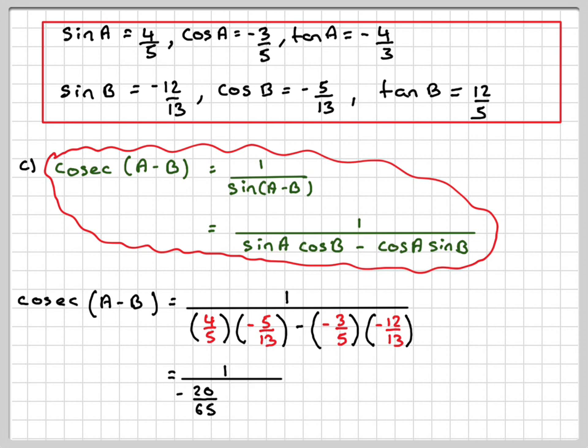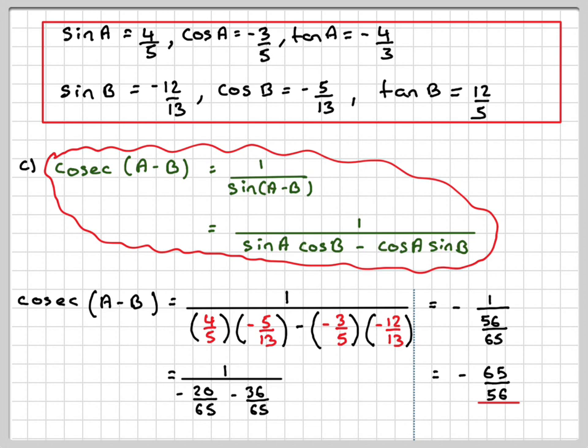And that will give me 1 over minus 20/65 minus 36/65, which will give me minus 1 over 56/65, which is minus 65/56.